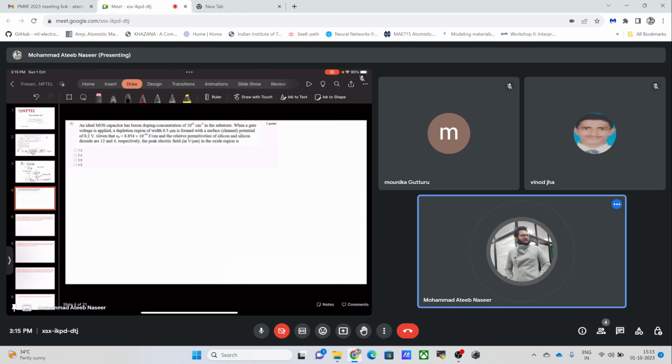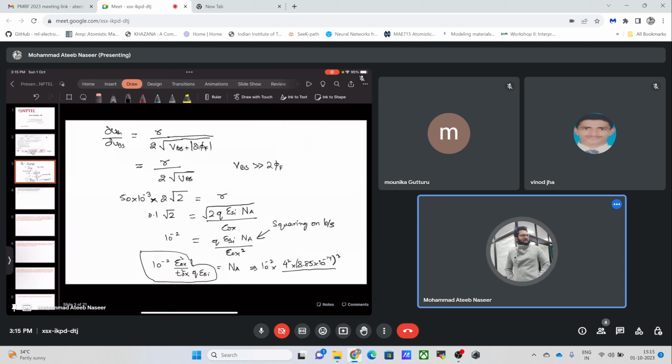So it is 10 to the power of minus 6 centimeter squared. Basically, 10 to the power of minus 9 is 10 to the power of minus 7 centimeter, and since it is 10 nanometer, it's 10 into 10 to the power minus 6 centimeter.